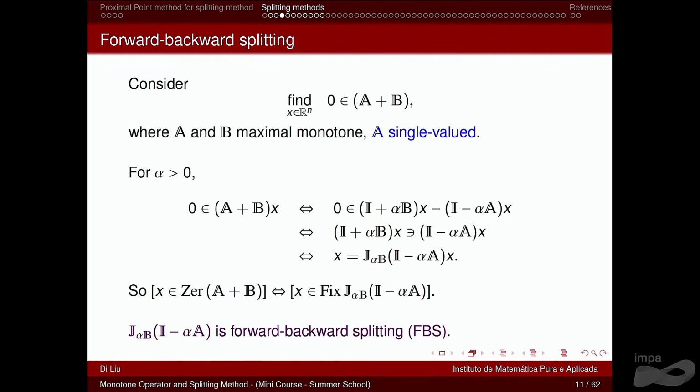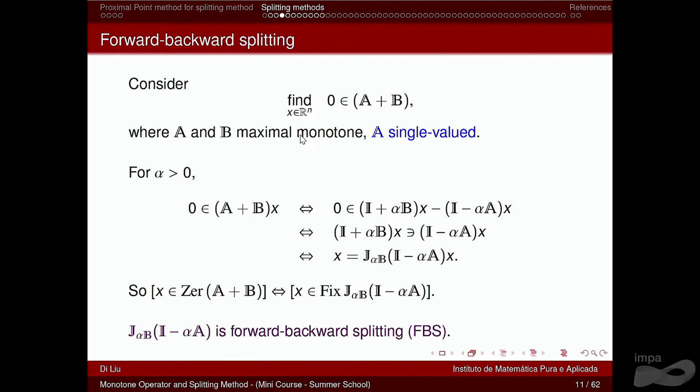First, let's say the forward-backward splitting. We consider this summation inclusion problem. We assume A and B are maximal monotone, and also A is single valued.